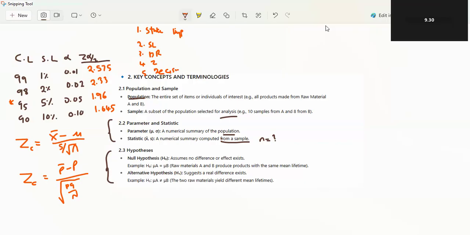So testing basically is about the differences.